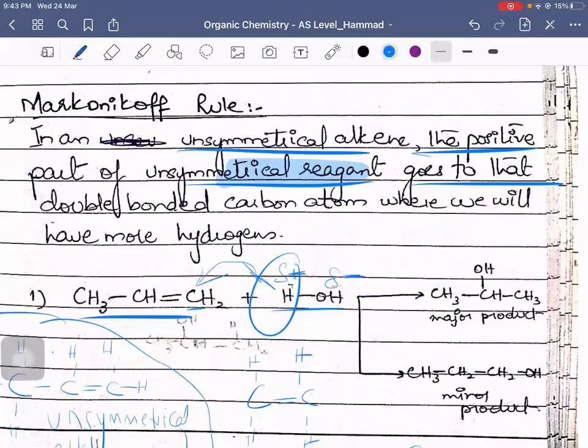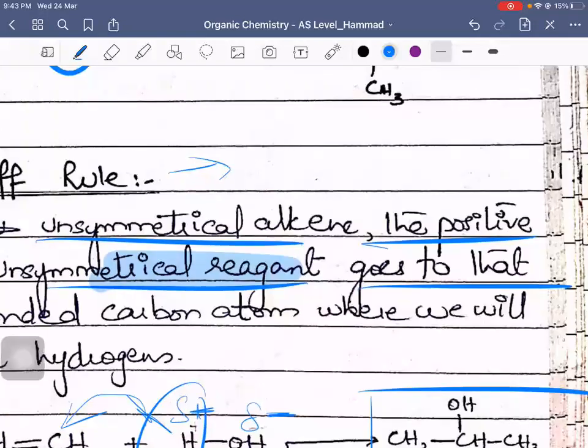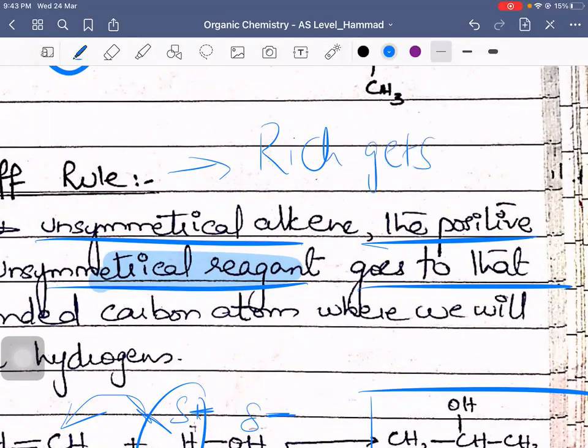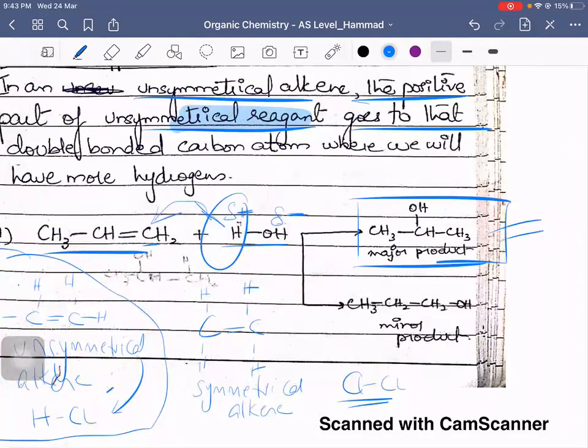In short, Markovnikov's rule says a carbon which is rich in hydrogen gets richer. Since this is a major product, there is a possibility that the hydrogen could have been added to the other part and thereby form certain minor products.